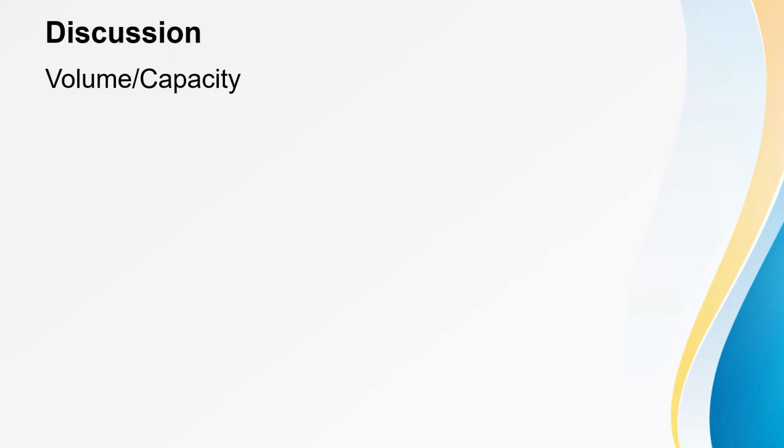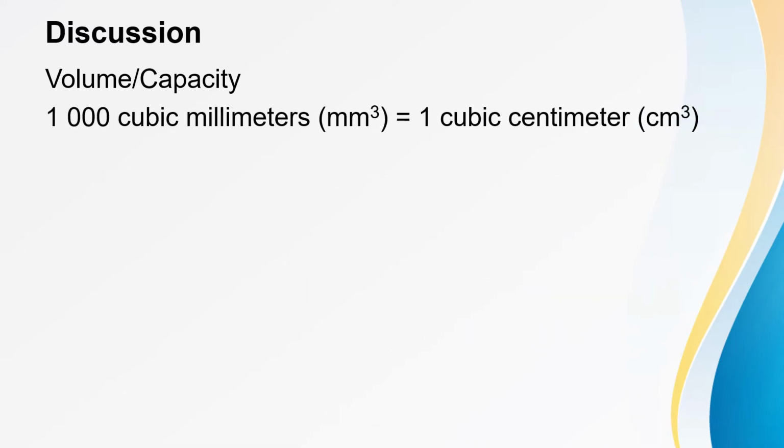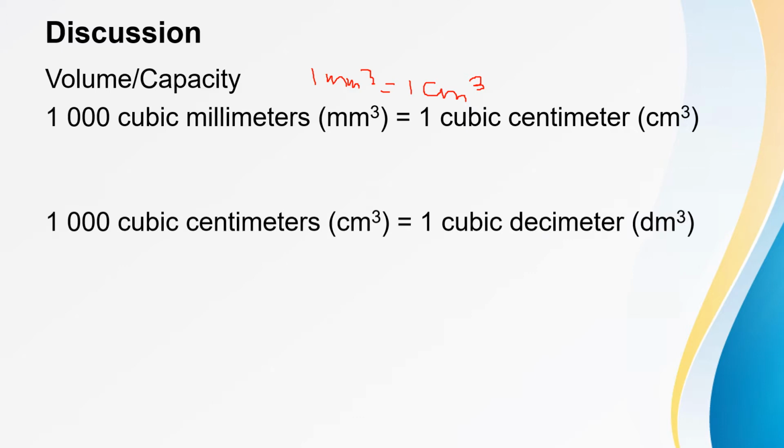For volume and capacity, 1,000 cubic millimeters is equal to 1 cubic centimeter. Or we can write that as 1 mm cube is equal to 1 cm cube. Be familiarized with this.